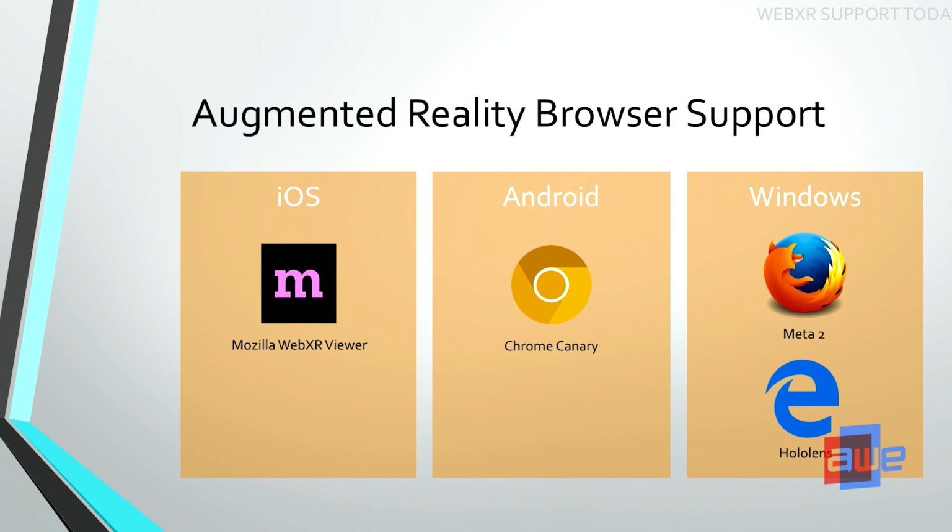Now, on Windows, Firefox actually supports the Meta 2, and Edge supports the HoloLens. But just to make things really confusing for you guys, that is the WebVR API, not the WebXR API that you then use for AR. So things are moving forward to consolidate things into WebXR, but right now, it's a little bit of a mess all around.